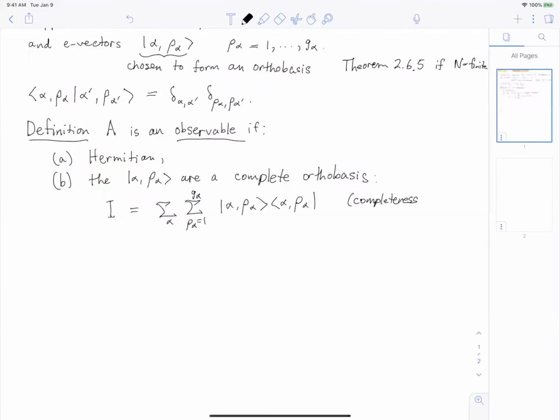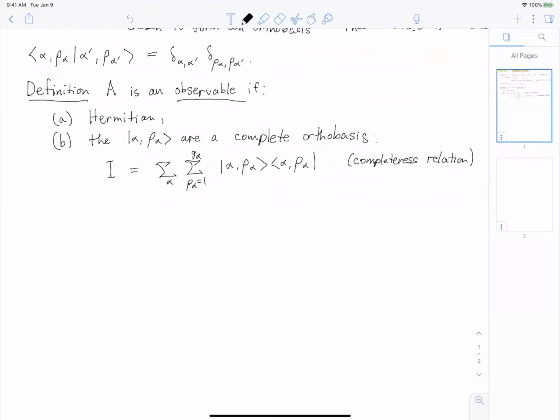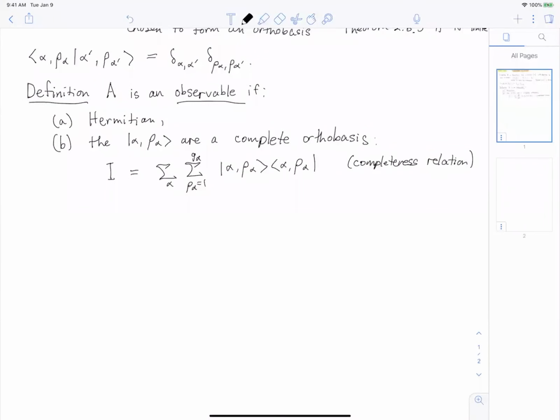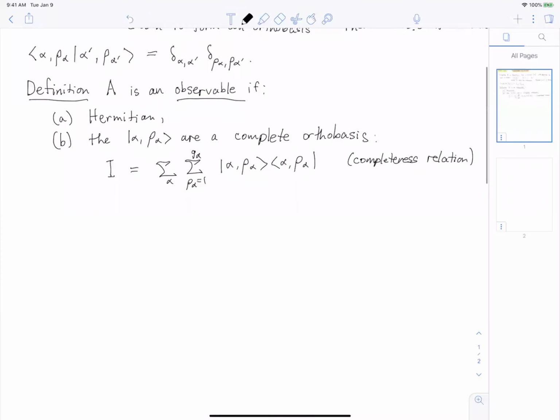And as I think I mentioned last time, whenever you're stuck on something and you don't know what else to do, a good thing to try is the completeness relation. It works amazingly often that that's the solution to whatever problem you have. Now, if the Hilbert space is finite dimensional, that's actually redundant. Part B is redundant with part A because we had this theorem, but the theorem assumed a finite dimensional Hilbert space.